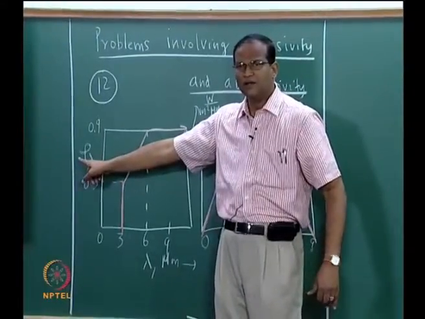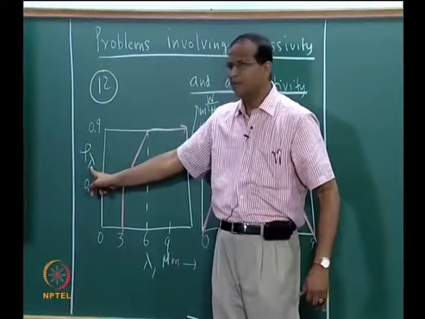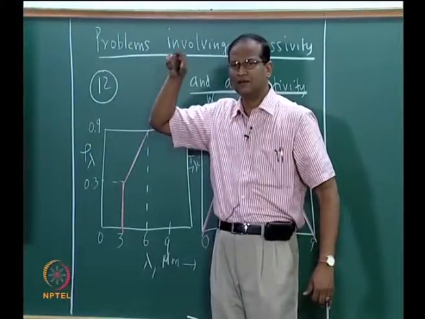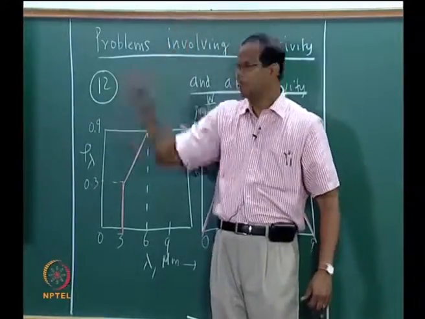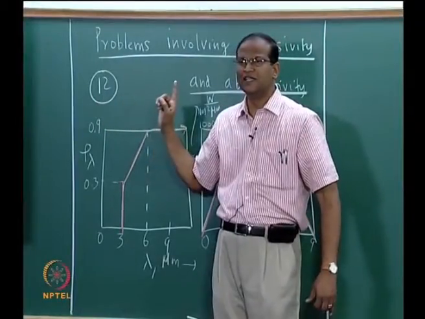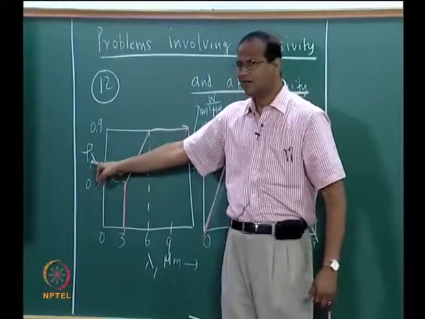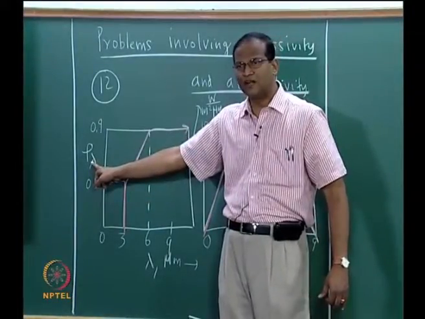What is rho lambda? What about the dash? The direction. What happened? We knocked off the dash. That means it is hemispherical. So this is hemispherical spectral reflectivity.